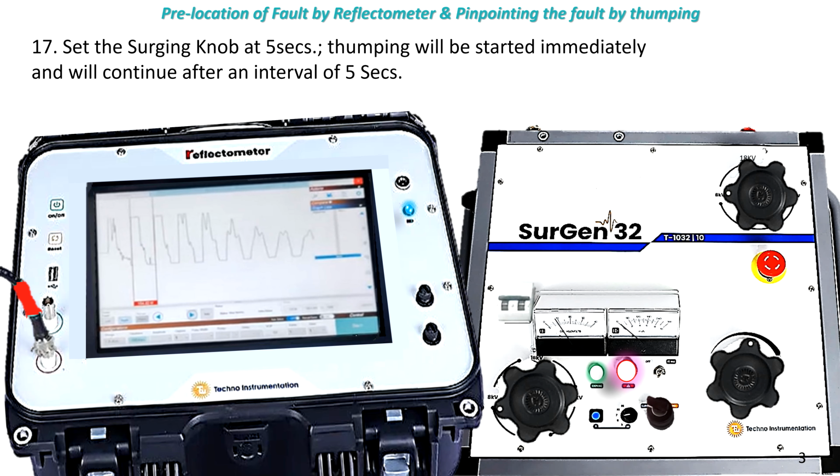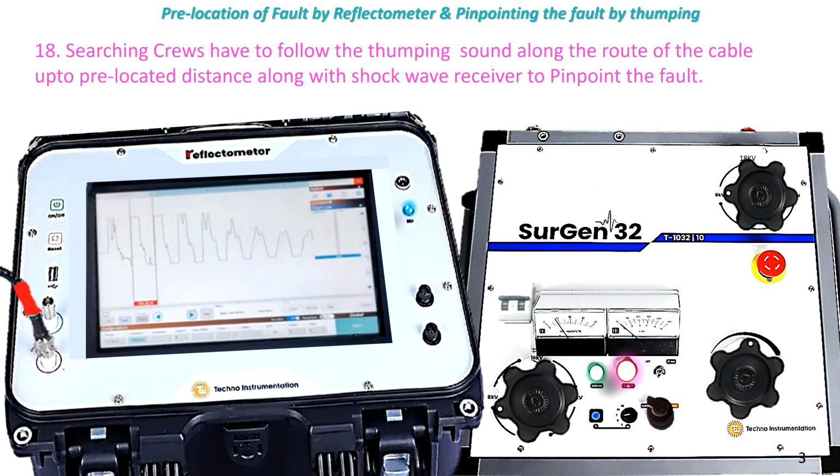Thumping will start immediately and will continue after an interval of 5 seconds. Searching personnel have to follow the thumping sound along the route of the cable up to the pre-located distance along with a shock wave receiver to pinpoint the fault.